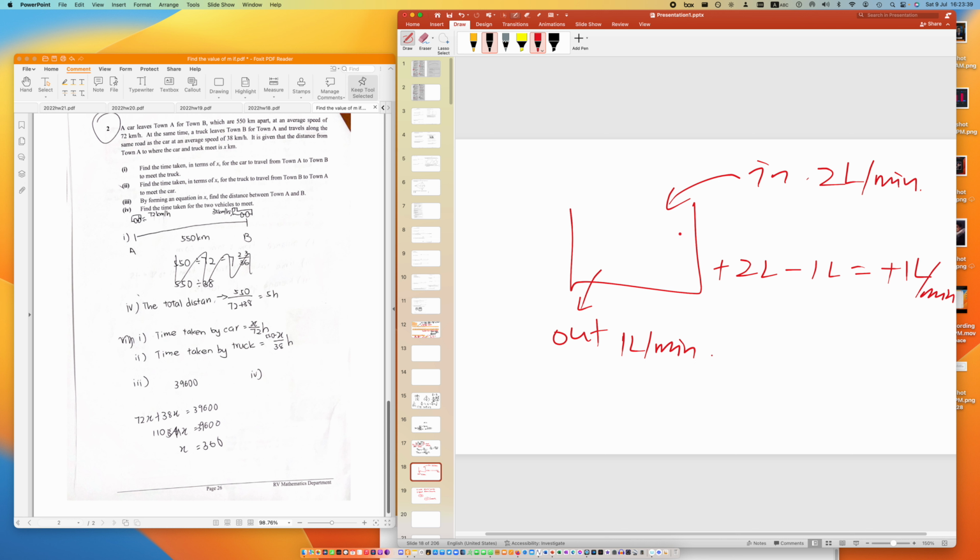So basically if this scenario happens, you still have the chance of filling up the tank. So that's the idea, how you should look at this question. That's the fundamental idea. Of course, to solve this question we have to look at the question. But this is the idea. You understand the idea? Yes.